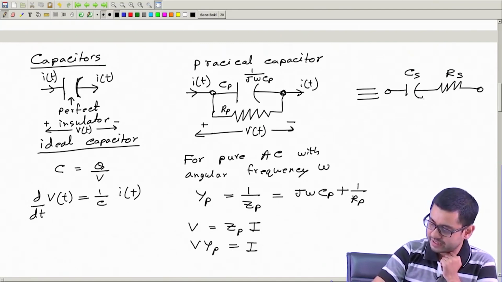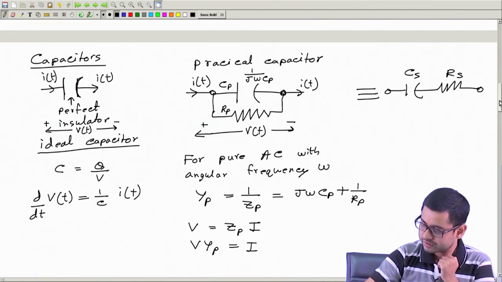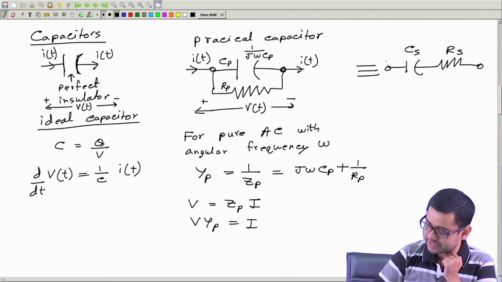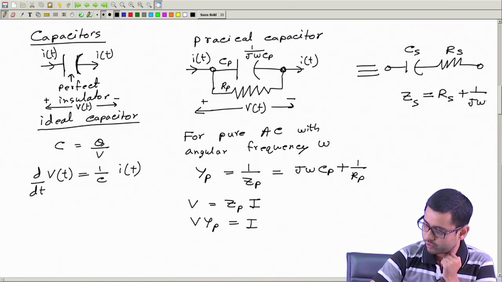Now, how can we find the equivalent series combination? Once again the same trick. We have to equate the impedance of this with the impedance of this circuit. So, we can write Zs, which is the series combination of these two: Rs plus 1 over j omega Cs.